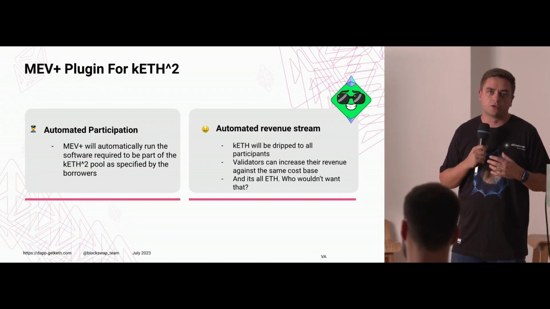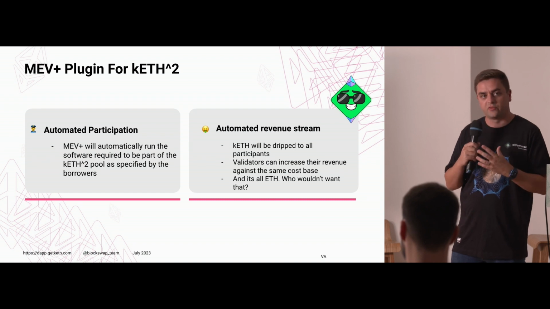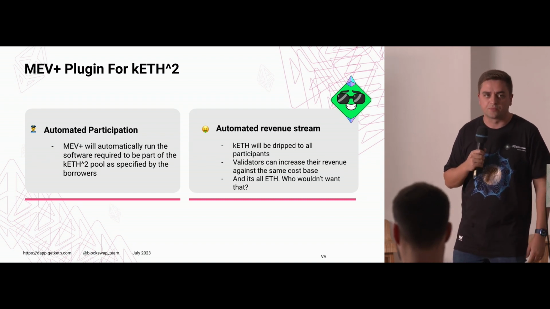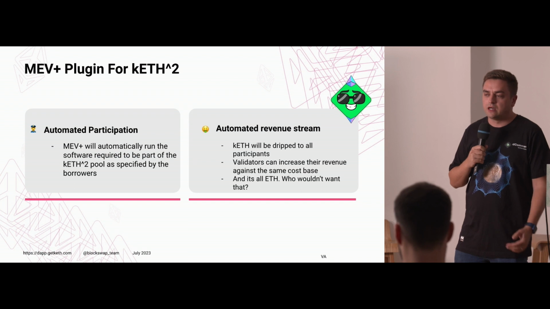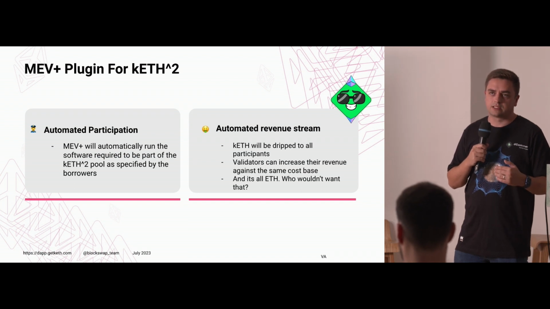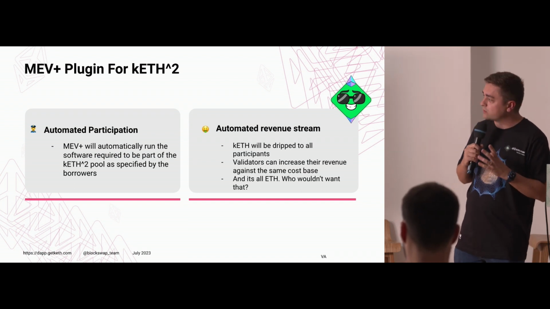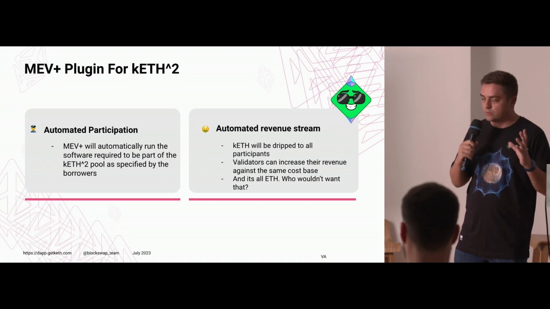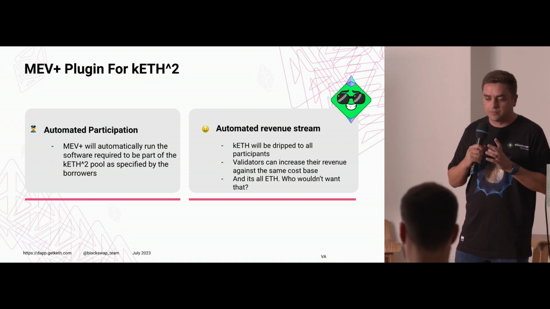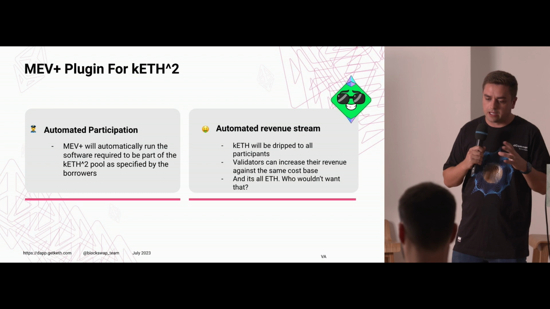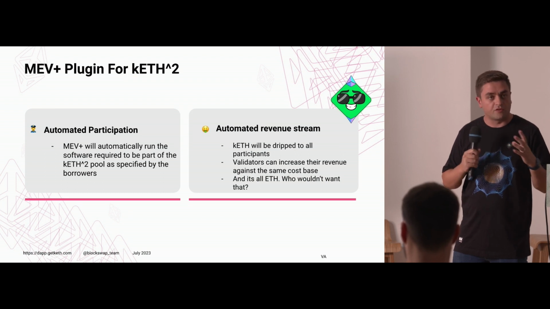So what we want to do is that through MEV+. MEV+ is a validator proxy software that we're going to explain in much more detail in some other sessions. But essentially, it is the validator's access to on and off-chain services.